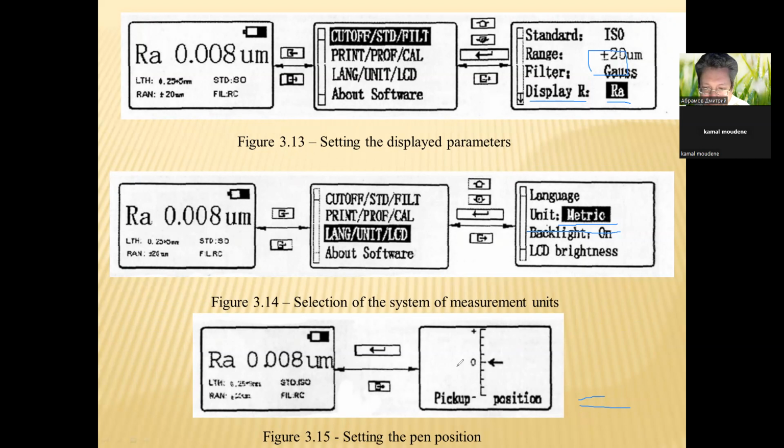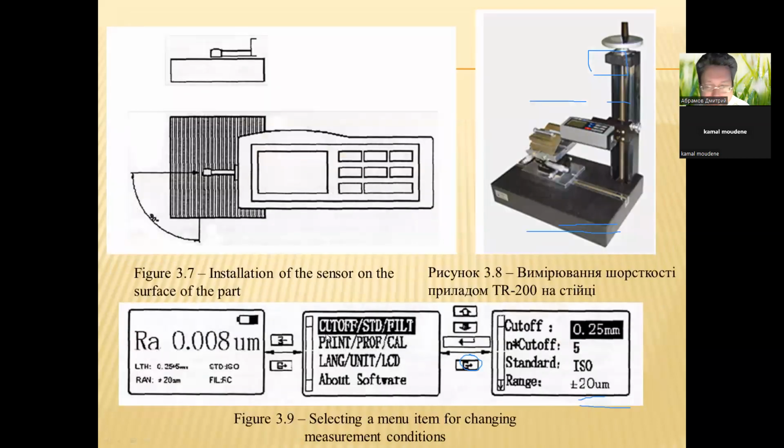The pen position on the 0. What is the pen? The pen, in the previous slide, is on our sensor. It's the direction of the pen relative to the surface of the part.